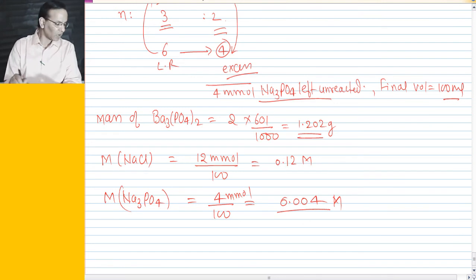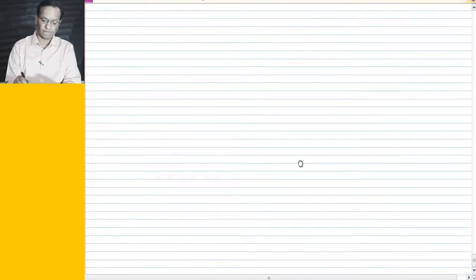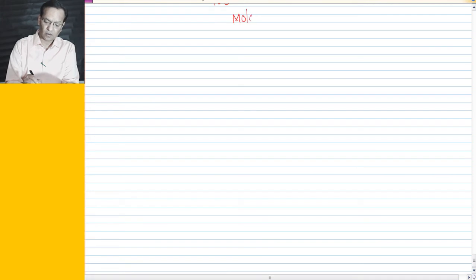So let us talk about another very important concentration unit, which is molality, usually denoted by small m.